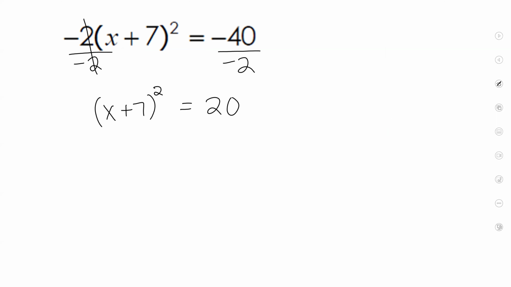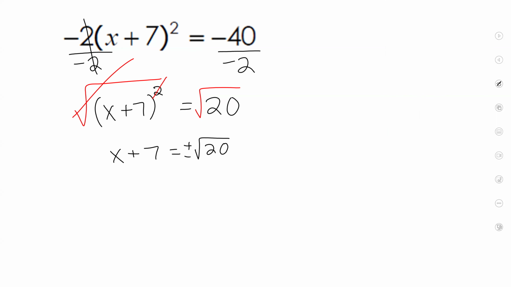Yeah, now we can square root. So I'm going to square root this side and square root this side. The square root cancels out with the squared. So now I have x plus 7 equals the square root of 20. And remember, we're going to have a plus and a minus square root of 20.